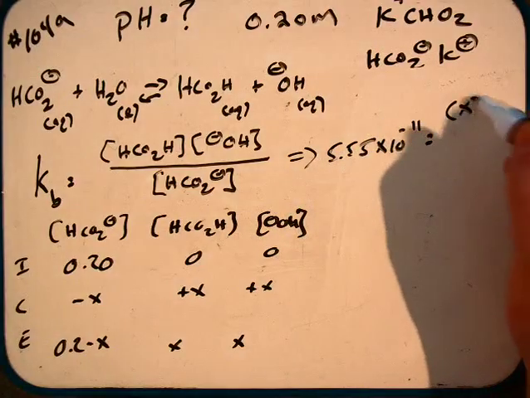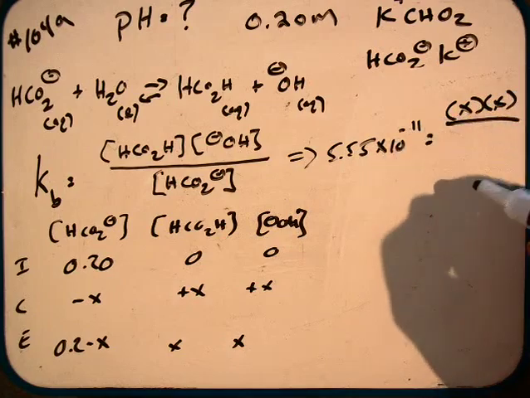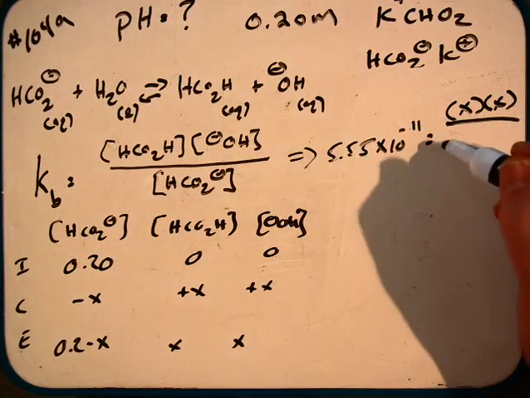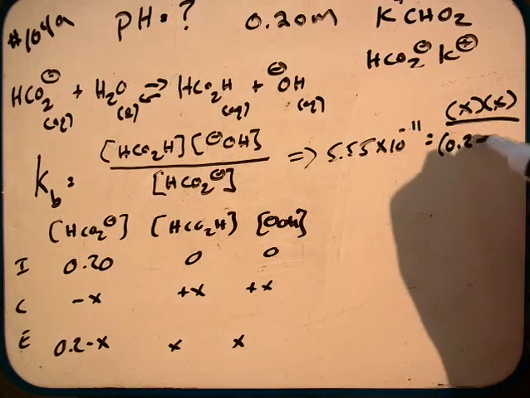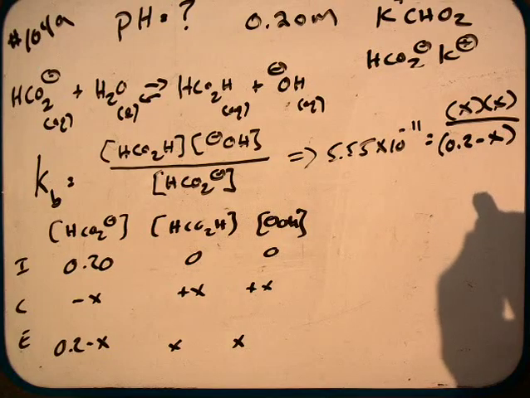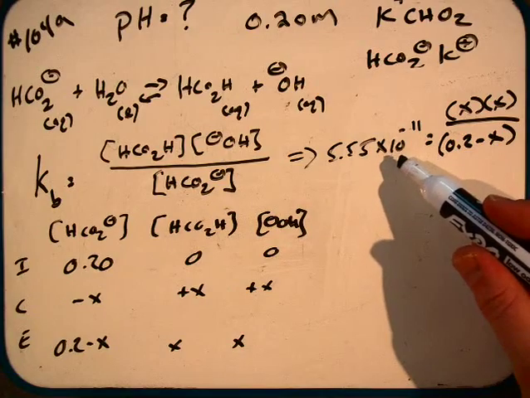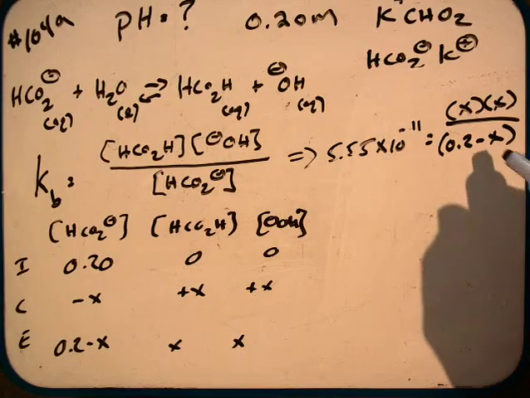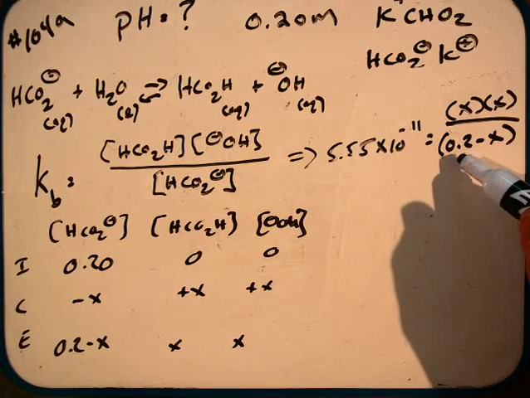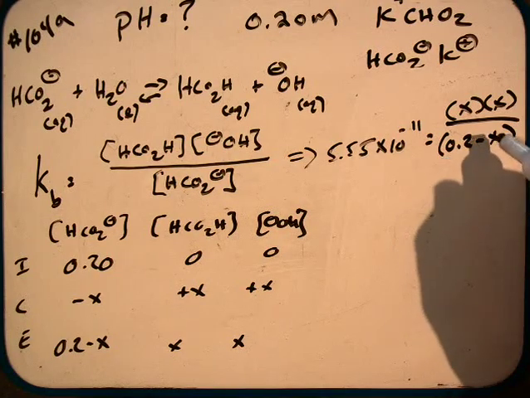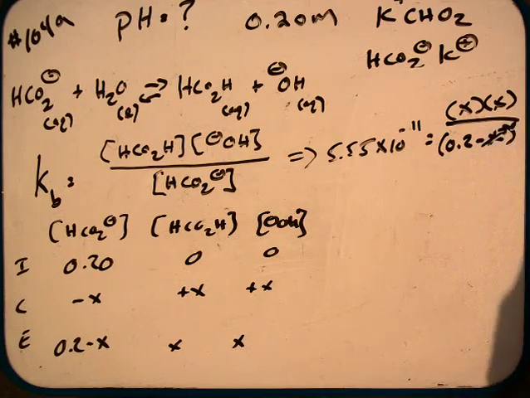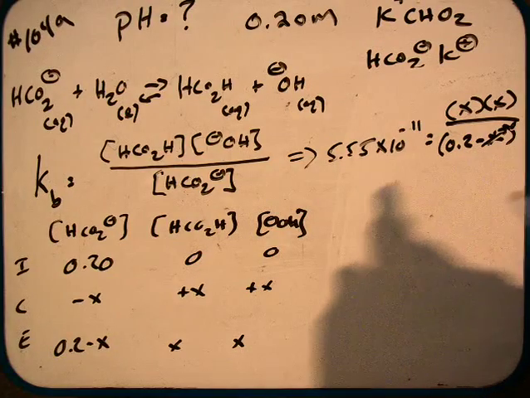And that's going to equal x squared in the numerator and 0.2 minus x in the denominator. Very small equilibrium constant. That means we're going to favor starting materials. So this change is going to be removed, since that change is going to be very, very small, since starting materials are so favored.